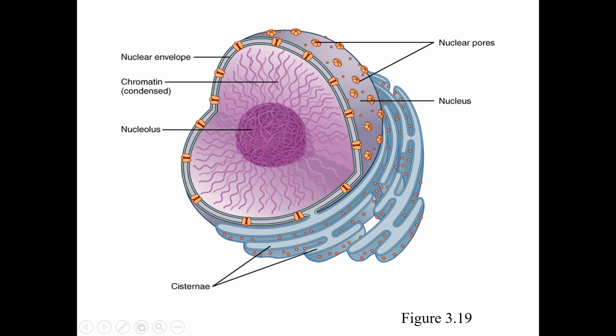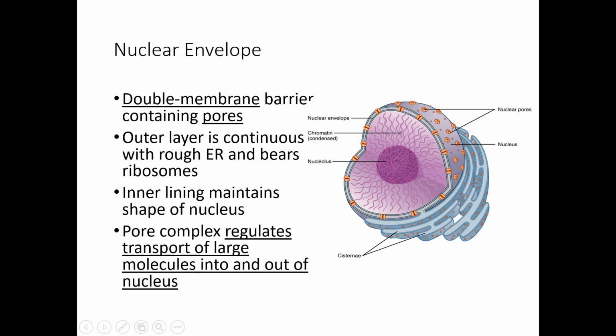Right here is a double nuclear envelope, like a membrane surrounding the nucleus, and it has many openings in it that are called nuclear pores. Then also inside there is a smaller structure called nucleolus, and the space between nucleolus and nuclear envelope is filled with chromatin.